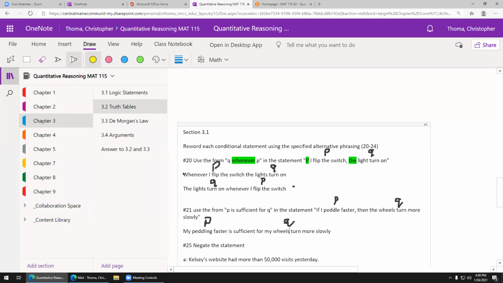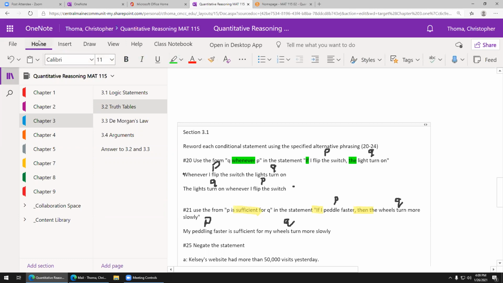Come on mouse, where'd you go? There we go, finally. I replaced if and then with the word sufficient. Ooh, I don't like how that highlighted, but we'll go with it.